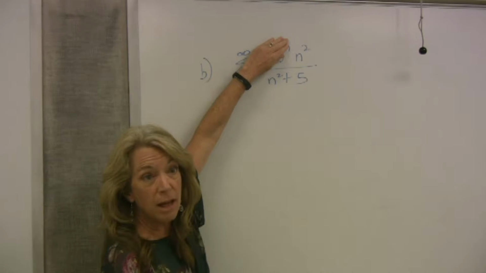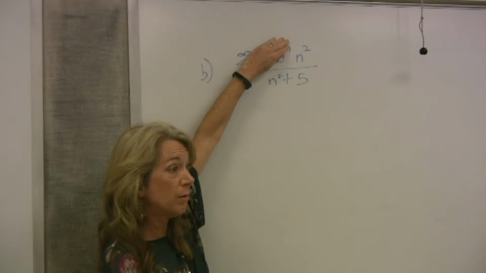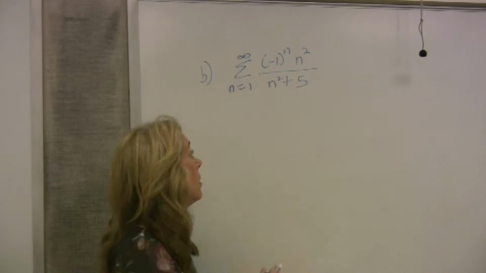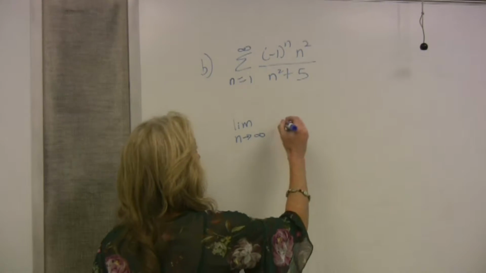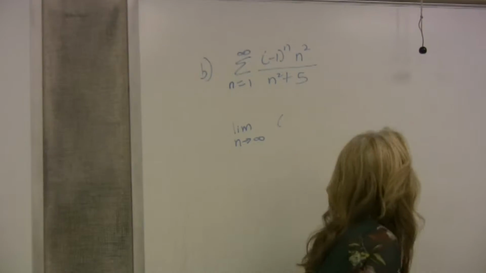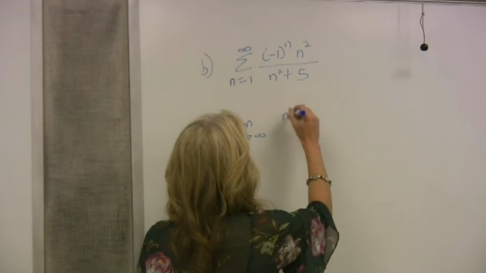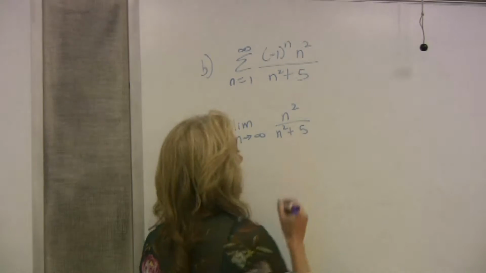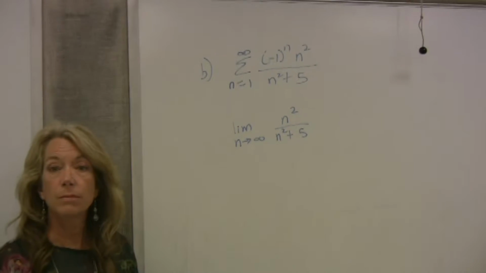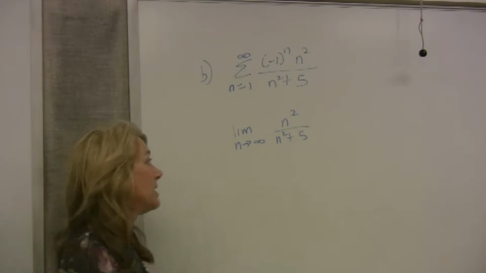So if that part wasn't there, we want to know what's happening to the rest of those terms. So if we take the limit as n goes to infinity of the positive part, what's that limit?